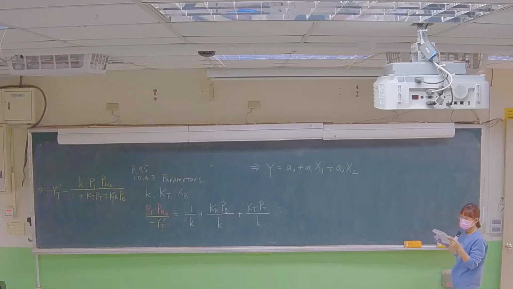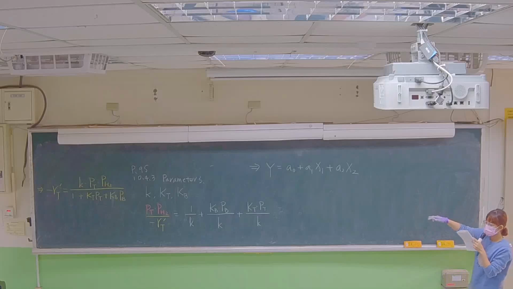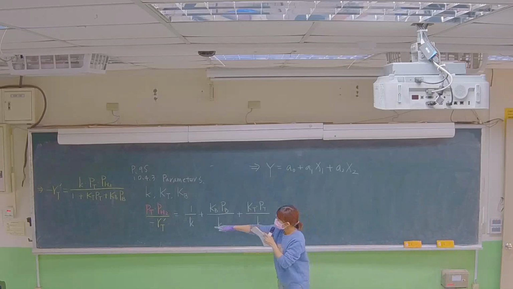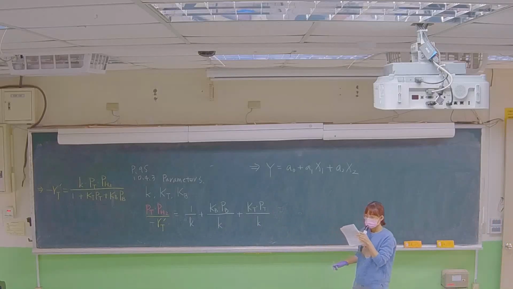So you rearrange the parameters and you get this linear relation. So y versus x1 and x2.